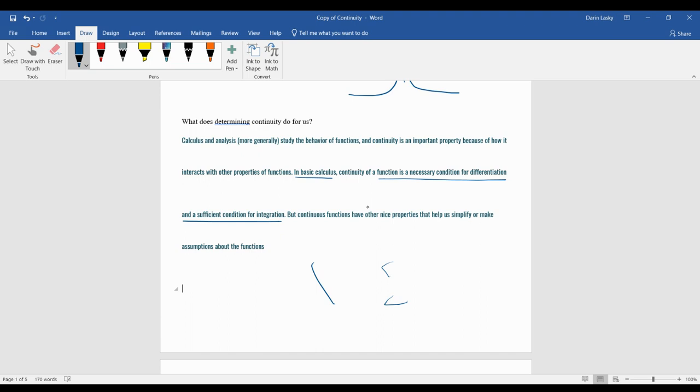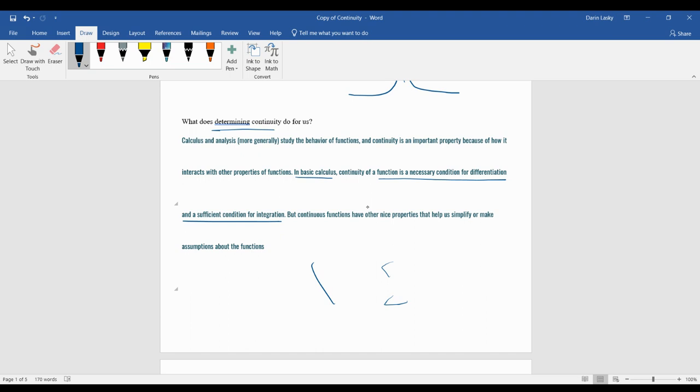If it's not continuous, we can't differentiate it. We can't integrate it. We can't do any of those things. Also, continuous functions have nice properties that let us make assumptions about limits and different things like that. So this is why we determine continuity.